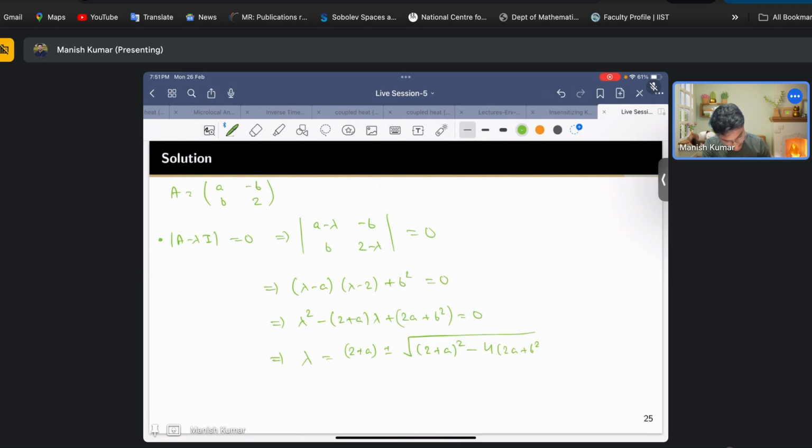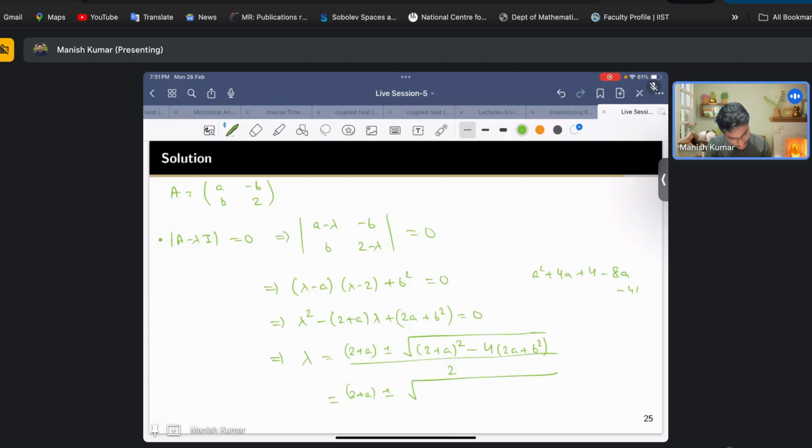Correct, and then upon 2. So if you solve it, you will get 2 plus a plus minus, from here what you have is, if you expand it, you will get a square plus 2a plus 4, right? And here you have minus 8a, sorry, here you will get 4a, and here you have minus 8a minus 4b square.